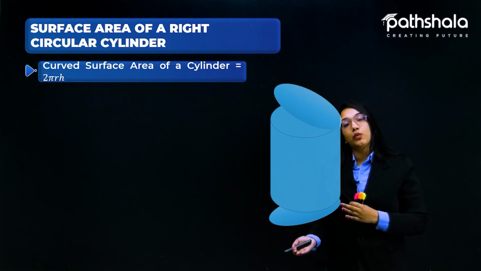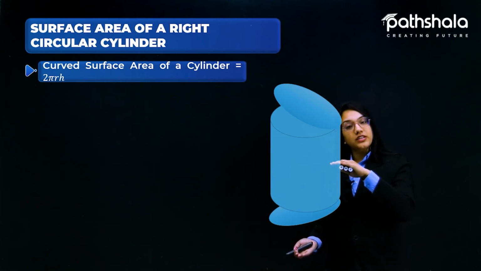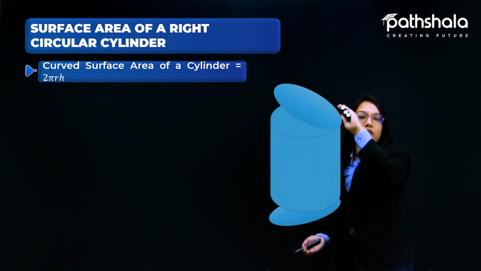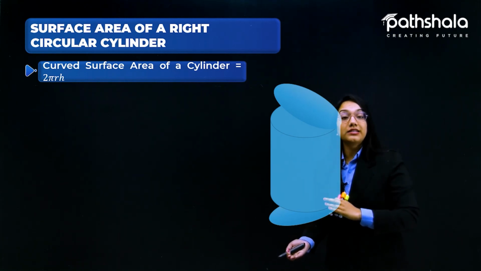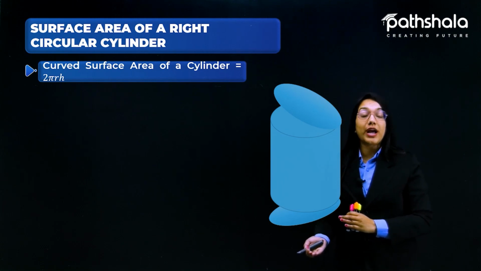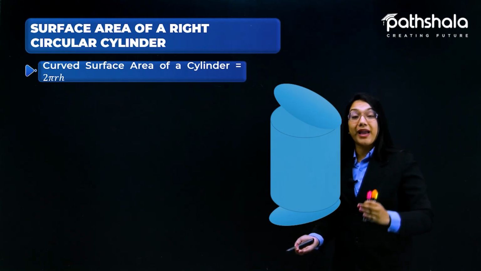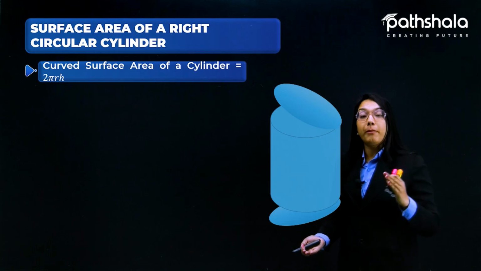It is equal to the sum of the curved surface area, the above circular area and the below circular area. We know that the area of a circle is pi r square, so there would be 2 pi r square.